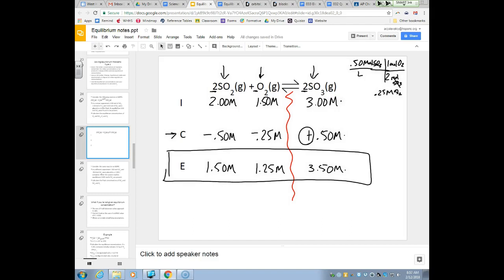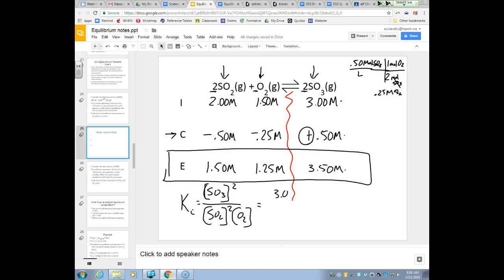This can now be plugged into my equilibrium expression to solve for Kc. It is going to be products over reactants raised to their coefficient power. So that will be squared, and this would be SO2 squared times O2. So I'm just going to plug these in.